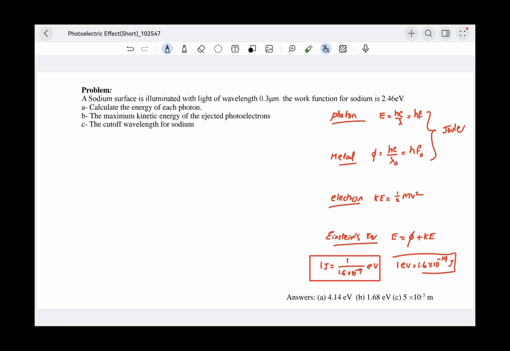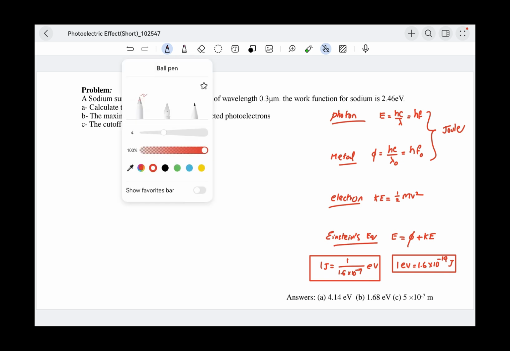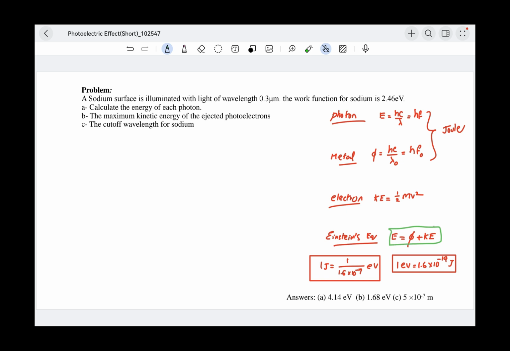About Einstein's equation, all the values should be either in joule or all in electron volt, that's it. Whereas for the individual formulas, it should be only in joule. Let's start the problems. Problem number 1.